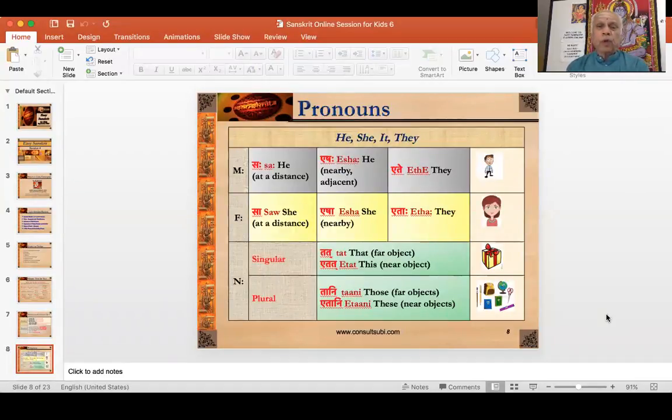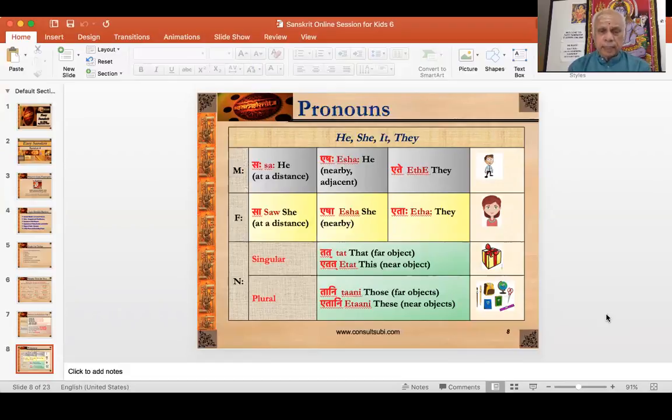Pronouns. Pronouns are something which describe a noun, adjacent to a noun. So they have the same person. First person, you have Saha. Second person rather, Saha is he. Saha, he.